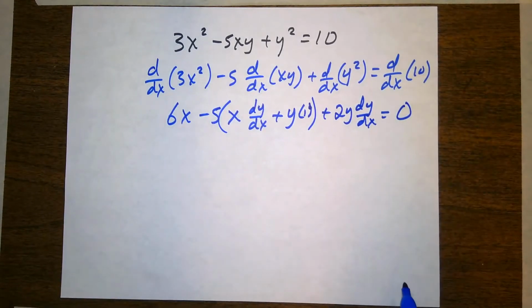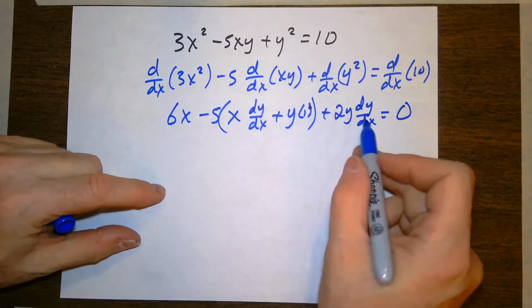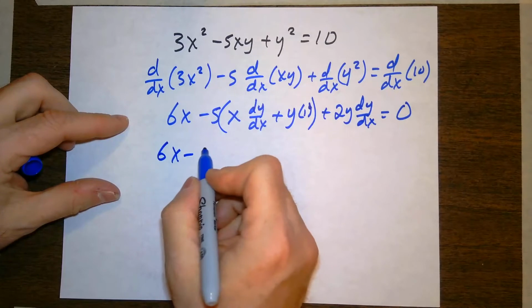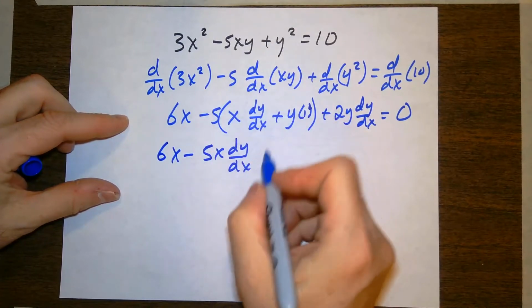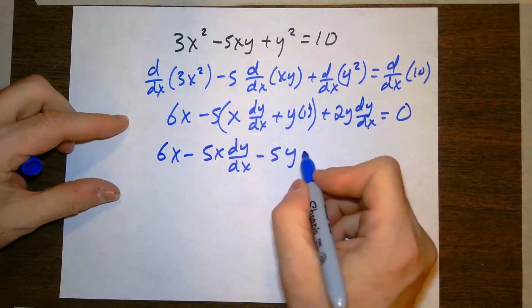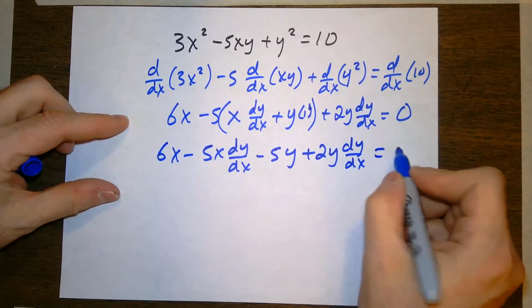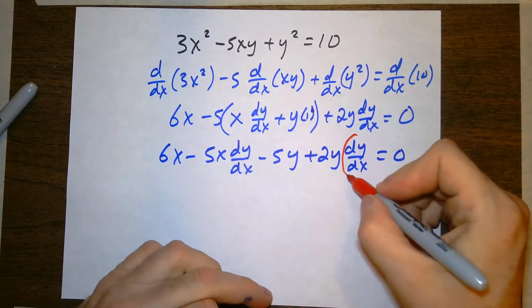is 0. If I clean this up a little bit, notice I've got 2 different dy/dx's. How are we going to isolate those? 6x minus 5x dy/dx minus 5y plus 2y dy/dx equals 0. And I want to solve for the dy/dx's.